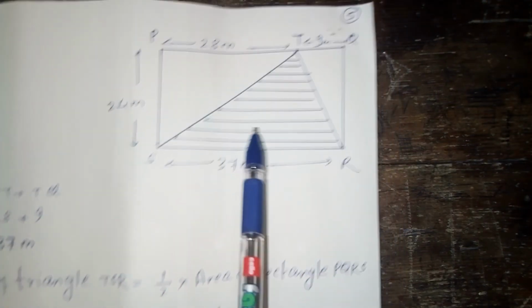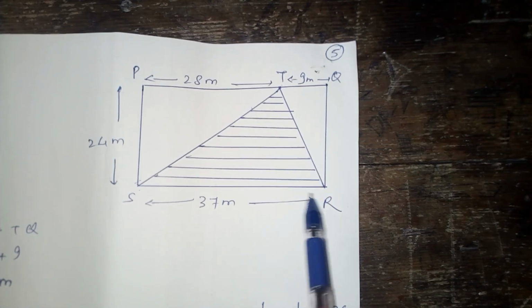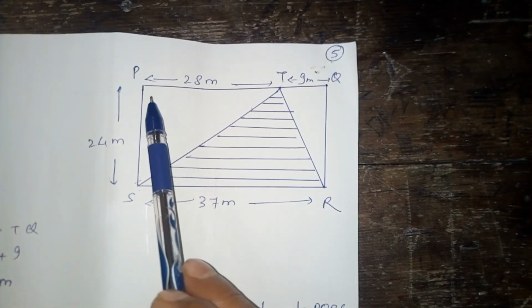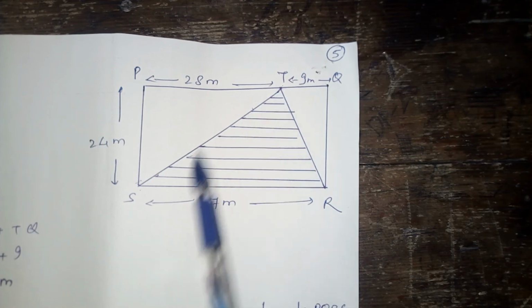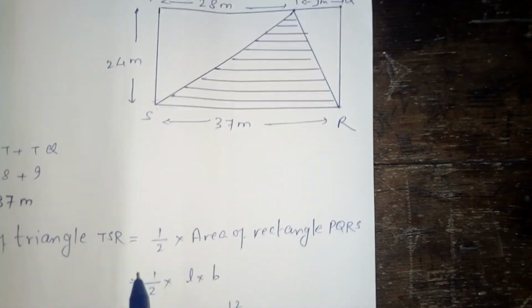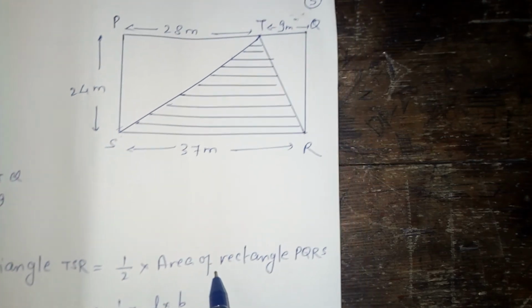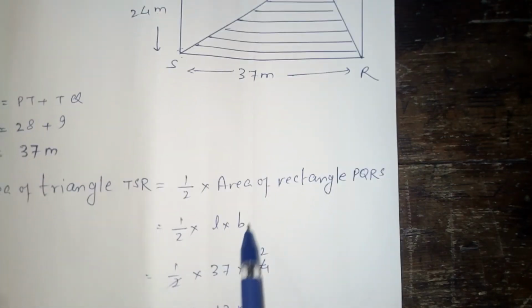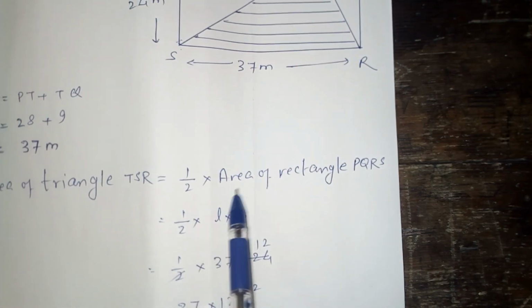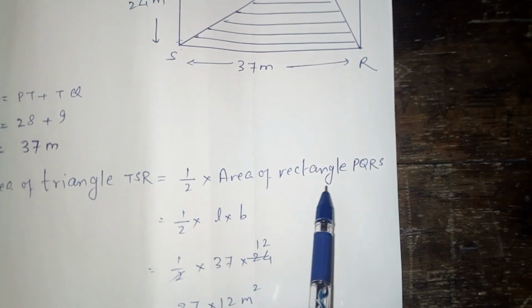So the area of triangle TSR is equal to half into area of rectangle PQRS.